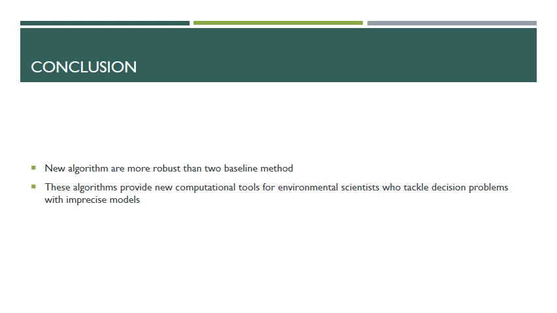Besides finding policies with a high robust ratio, our algorithm can also provide policies with small regret on large-scale networks. This algorithm provides new computational tools for environmental scientists who tackle decision problems with imprecise models.